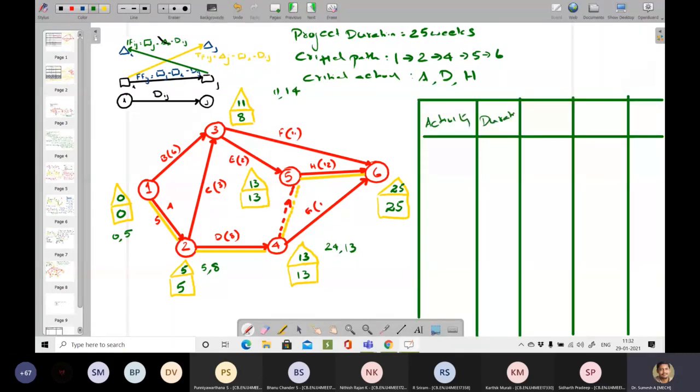So activity, duration, total float, free float, and independent float. So I will have A to G: A, B, C, D, E, F, G, and H.